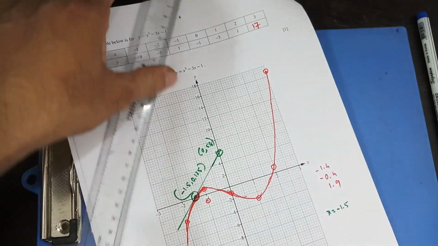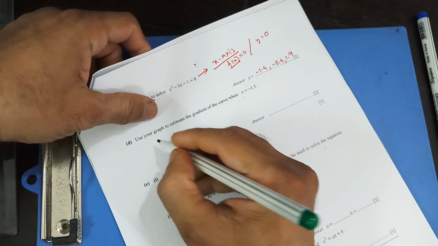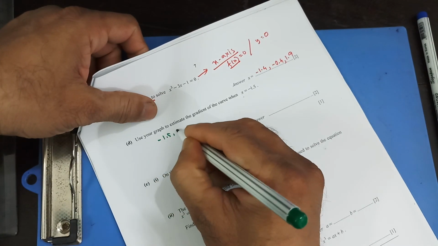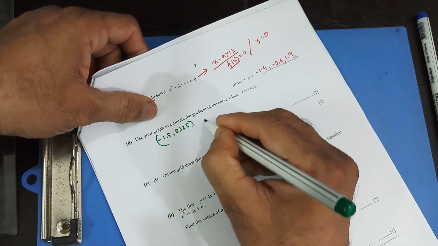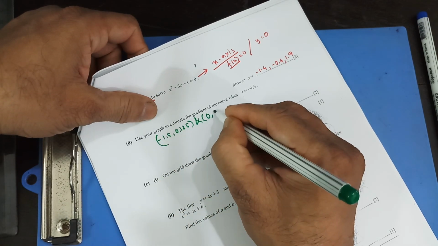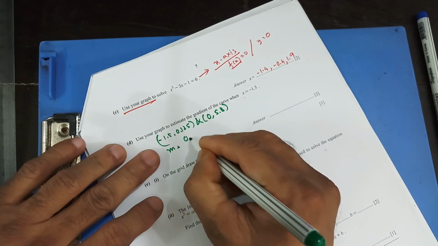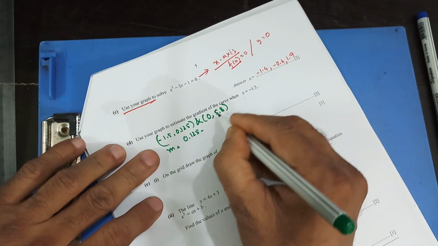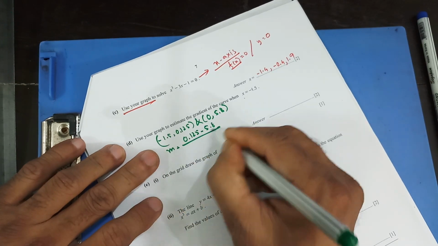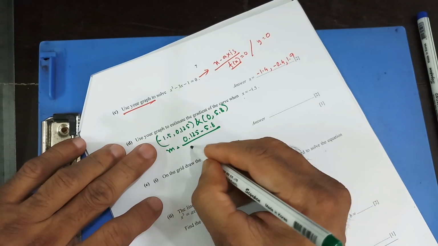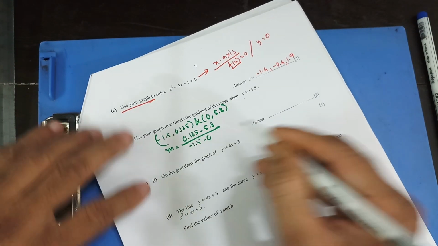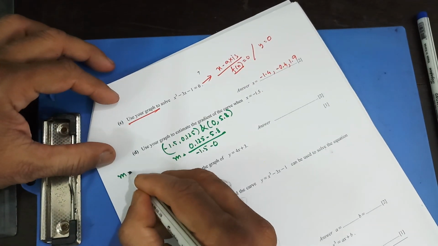These are the 2 points: minus 1.5, 0.125, and 0, 5.8. So the gradient is supposed to be 0.125 minus 5.8, and then here minus 1.5 minus 0. I hope you know the gradient formula.